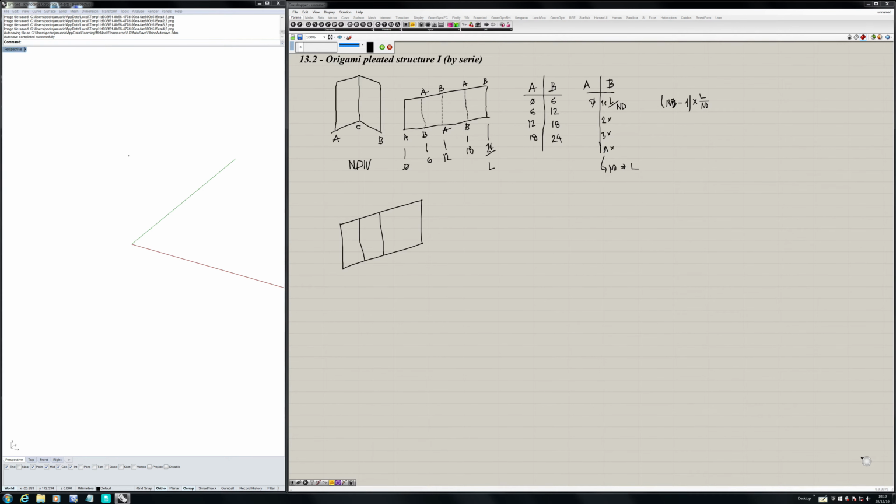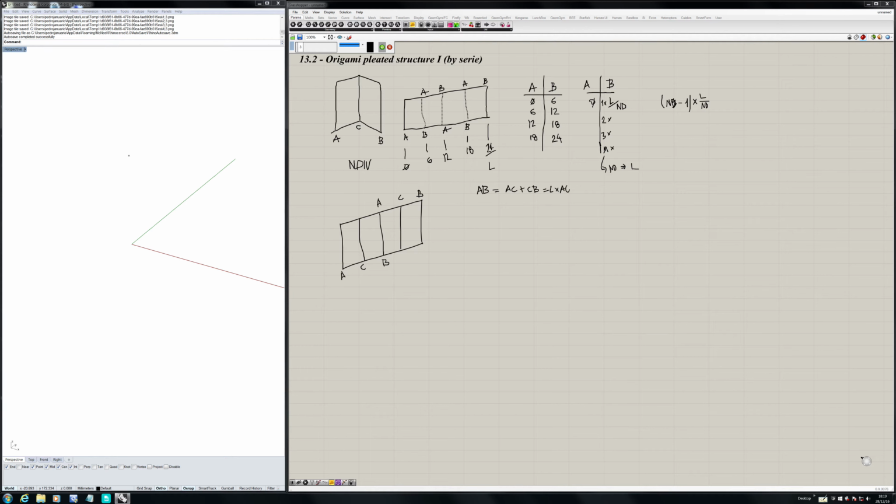A, C, that is the middle point, B, and then A, C, B. Now, regarding these ones, I know that AB is equal to AC plus CB, and as these two are the same, 2 times AC.